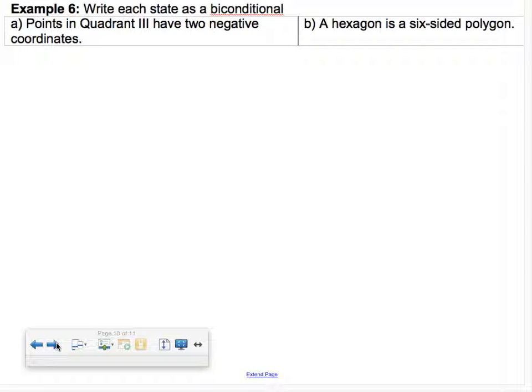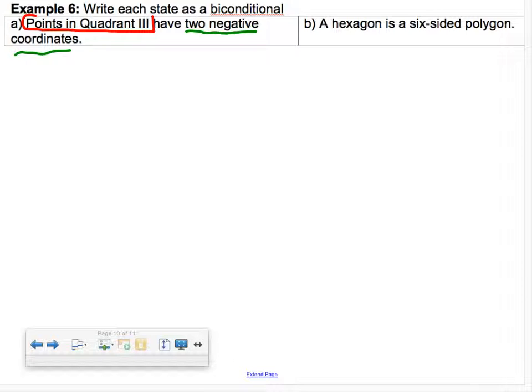All right, last example, or last two. Write each statement as a biconditional. So, points in the quadrant have 2 negative coordinates. If it helps, sometimes change it into an if-then statement, or try to break it apart into a P and a Q, a hypothesis and a conclusion. So I've got points in quadrant 3 and have 2 negative coordinates.